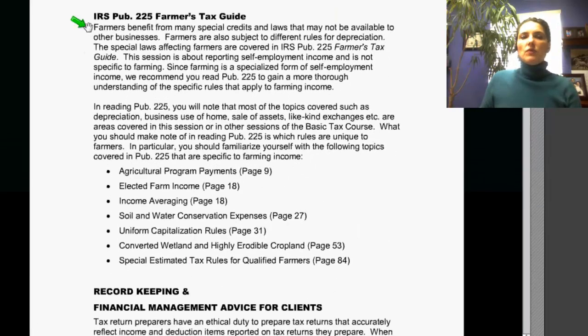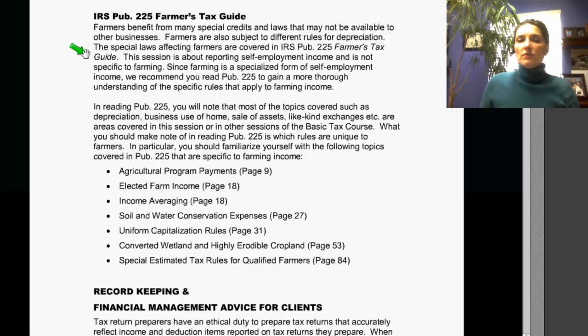And a little summary of what's inside Publication 225, Farmer's Tax Guide. Farmers benefit from many special credits and laws that may not be available to other businesses. Farmers are also subject to different rules for depreciation. The special laws affecting farmers are covered in IRS Publication 225, Farmer's Tax Guide.